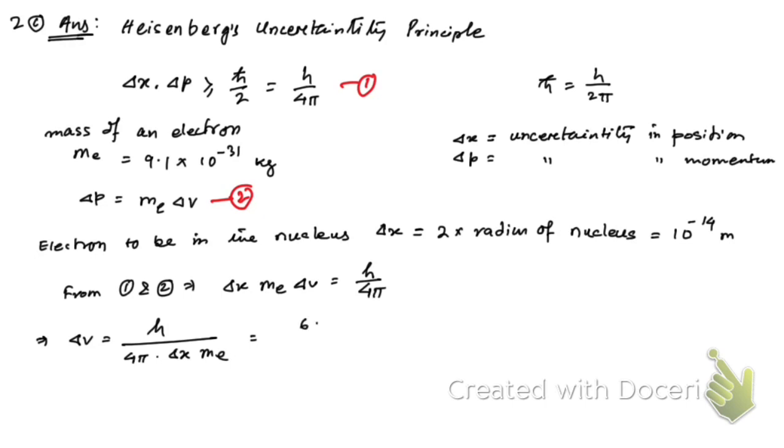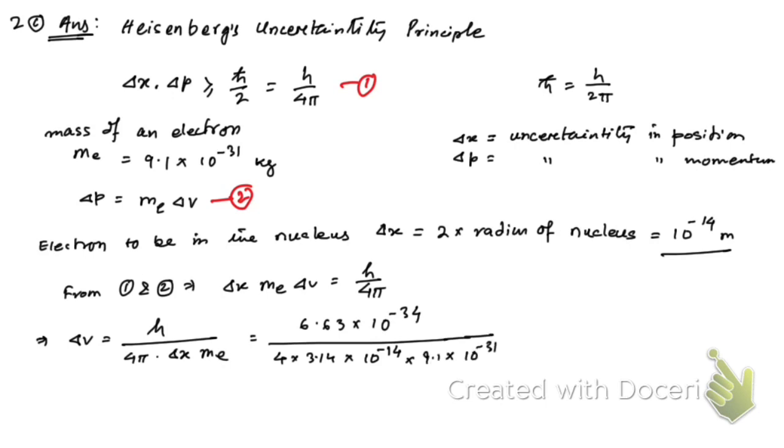It is going to be 6.63 into 10 to the power minus 34 divided by 4 into the value of pi, 3.14, then delta x, as I have already told you, 10 to the power minus 14, and the mass of the electron, 9.1 into 10 to the power minus 31.